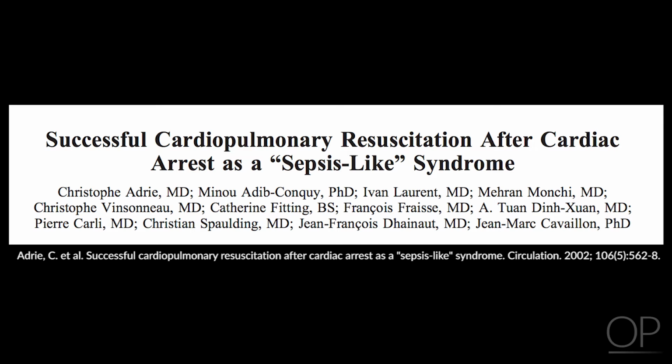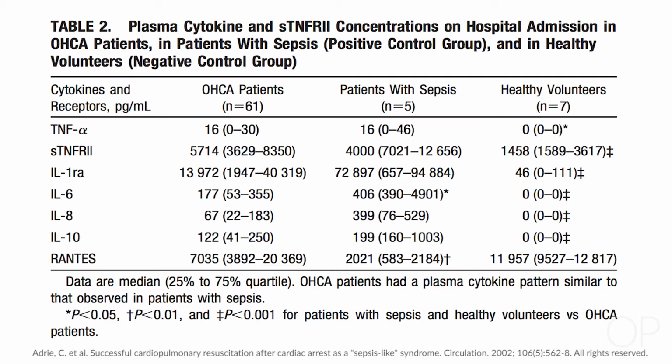It compared adults with out-of-hospital cardiac arrest to adults admitted to hospital with sepsis, and to a group of healthy volunteers, looking at a variety of cytokines and receptors that could be analyzed.